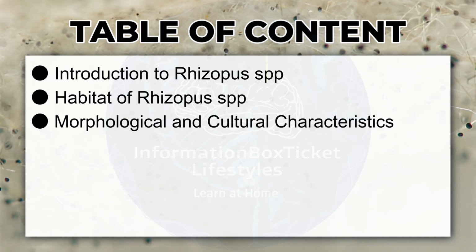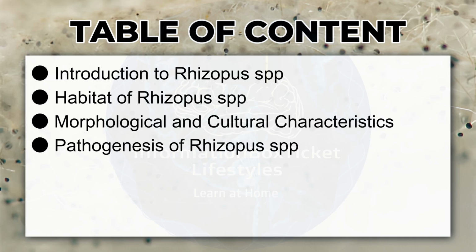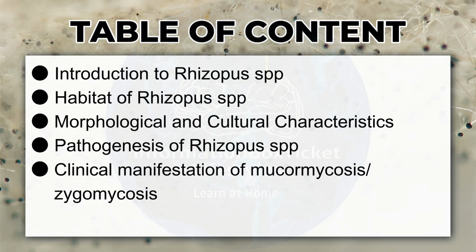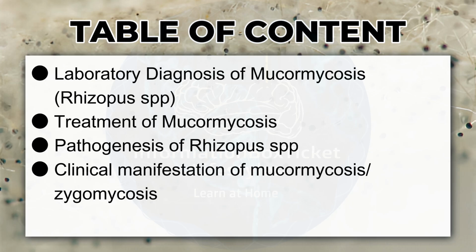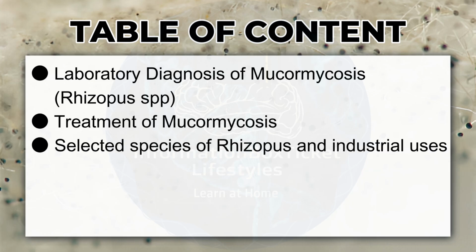Morphological and cultural characteristics of Rhizopus spp. Pathogenesis of Rhizopus species. Clinical manifestation of mucormycosis, zygomycosis. Laboratory diagnosis of mucormycosis, Rhizopus species. Treatment of mucormycosis. Selected species of Rhizopus and industrial uses.